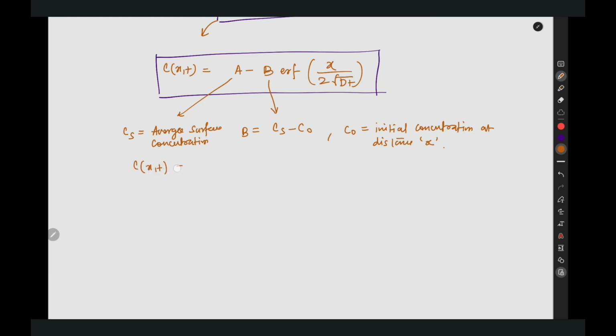C(x,t) is the concentration of the diffusing atom at a location x at time t, the equilibrium time.